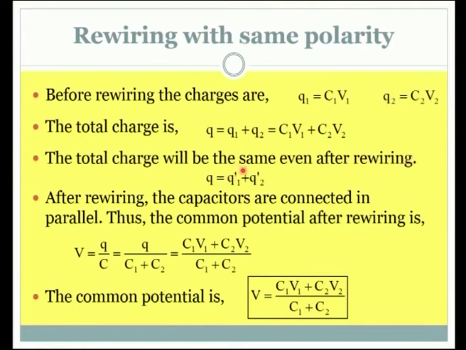Now, because of the charge sharing, the two charges are written as Q1 dash and Q2 dash, but even in this case the summation is Q only, because the charge has to remain the same because of the same polarity connection. So, after rewiring, the capacitors are connected in parallel. Thus, there is a common potential between the two capacitor plates. Have a look at this one.